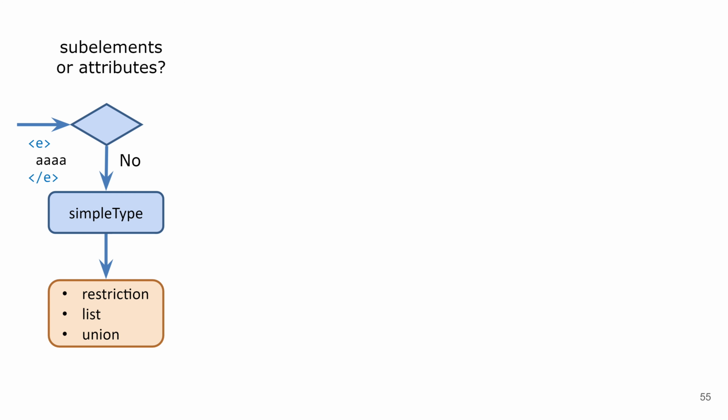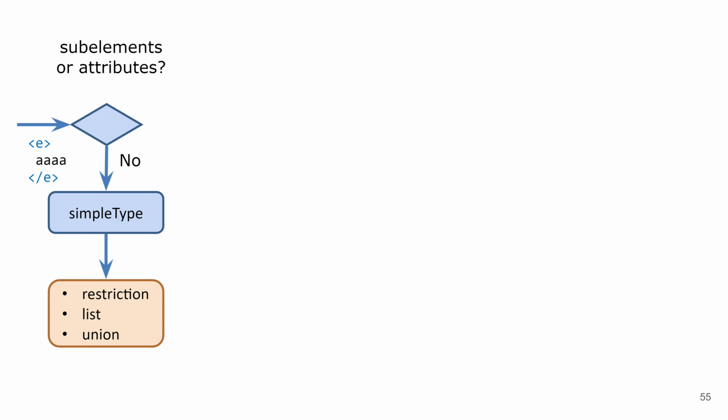it can be a restriction, which means that you take one of the simple types and you further restrict it. For instance, you can have a string which has only 10 characters, or something like that. Or it can be a list, which means that actually the value will be a list of values of some simple type. When XML schema specifies the list data type, then the list is separated by spaces.